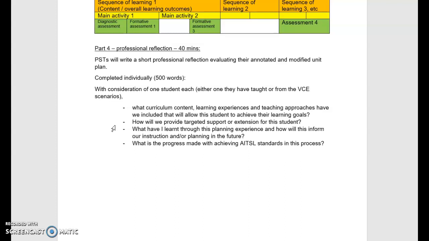So don't just write the AT2 standard again, don't just rewrite it in your own words. You need to actually demonstrate your knowledge of the standard and its application. Okay, so we're looking for a justification and evidence here in this answer.